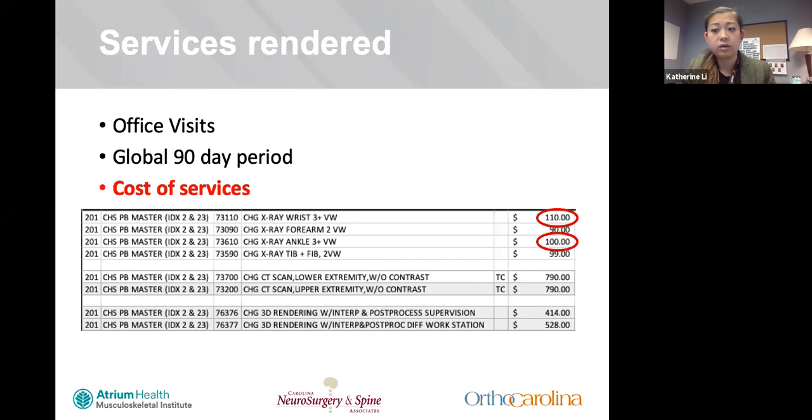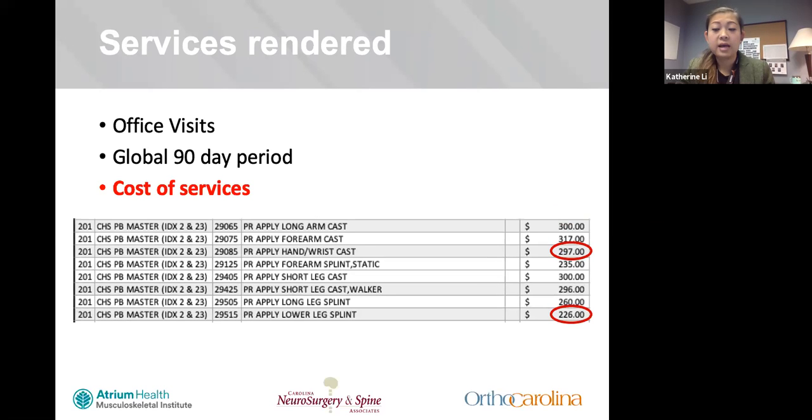A 3-view of a wrist x-ray and a 3-view of an ankle x-ray are each about $100. I've also included the cost of CT scans for upper and lower extremities, and then also what a 3D recon with or without supervision costs after the CTs are done. Cast applications can also be associated with charges for these patients. I've circled what a wrist cast would cost and also what a lower leg splint would cost.